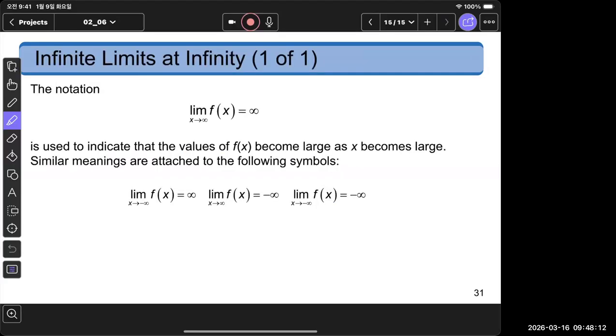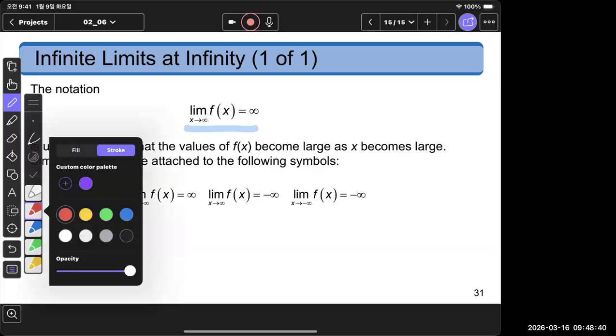Now sometimes we want to consider the following situation, and that notation is used to indicate that the values of f of x become large as x becomes large. When I say large, that means larger than any finite value.